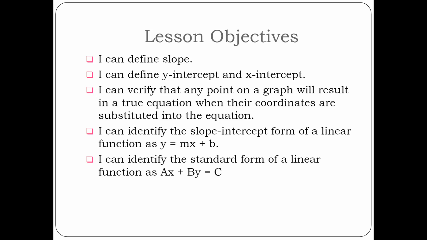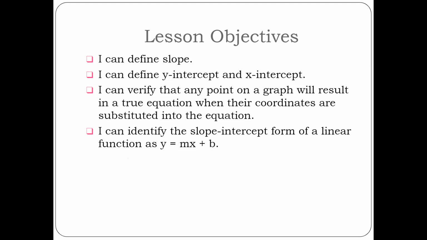So m times x is the x-axis? No. m is the slope. The y and the x are permanent parts of the equation. They will not change. The m and the b will change. m is going to give you the slope for a particular line, whether it's flat.